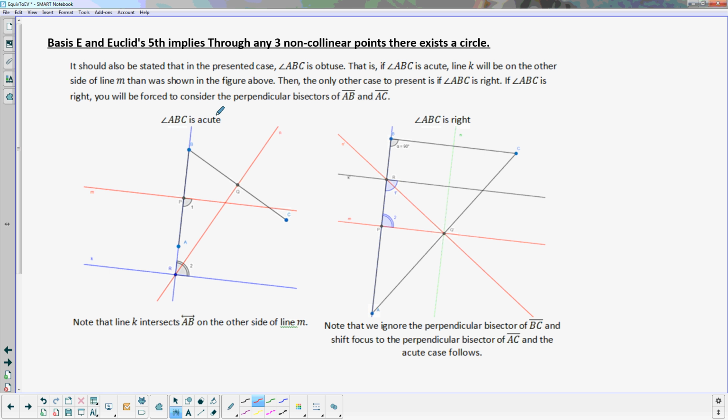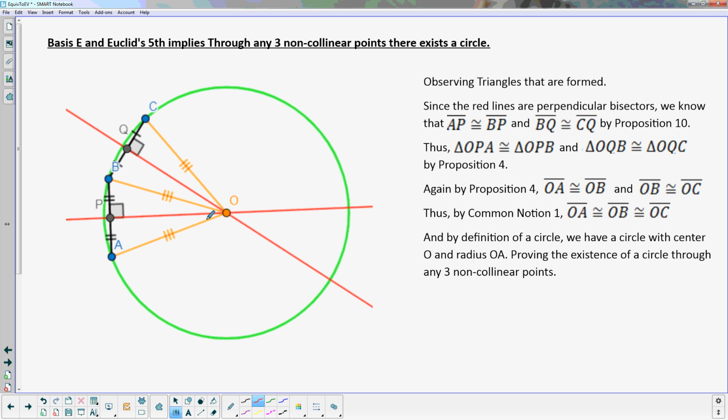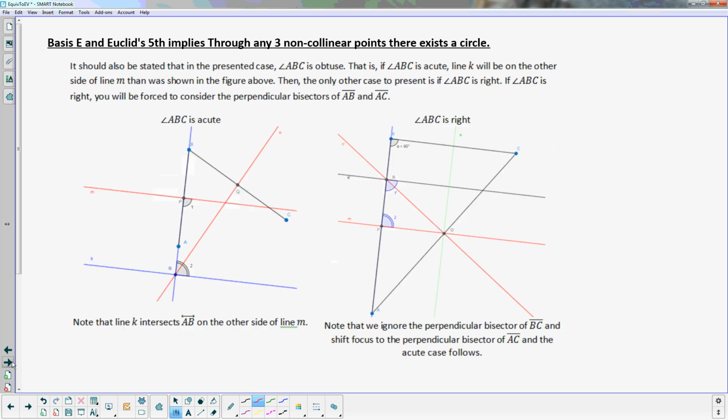It should also be stated that in what we've been talking about, if we look back, I had angle ABC as an obtuse angle. That's not an important selection. We can see here that if ABC is acute, the only thing that really changes is the direction of line N and where that forces my intersection of line N and line AB.